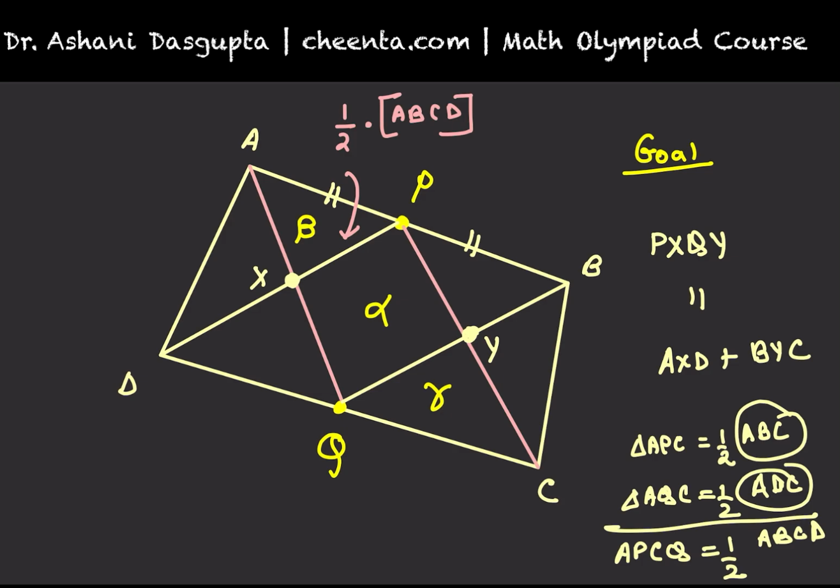So now let's call this red and let's call this blue. I often use these words to denote areas of different pieces of my geometry diagram. That can be very useful.